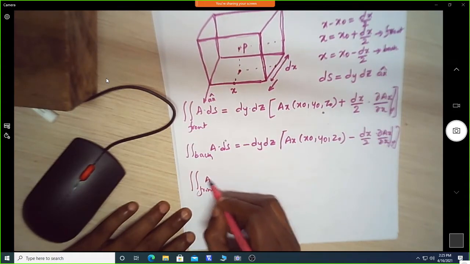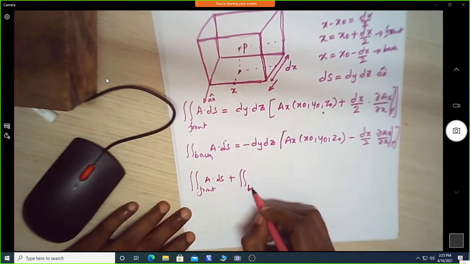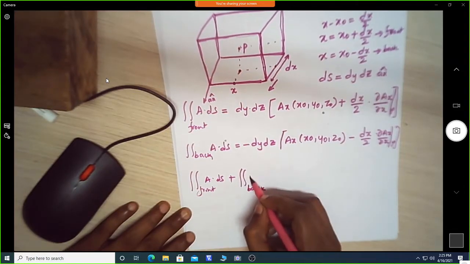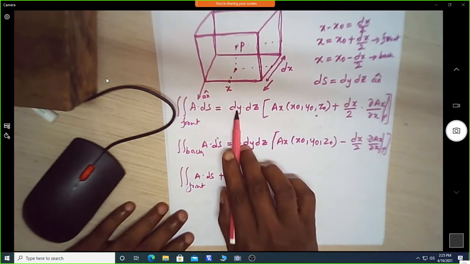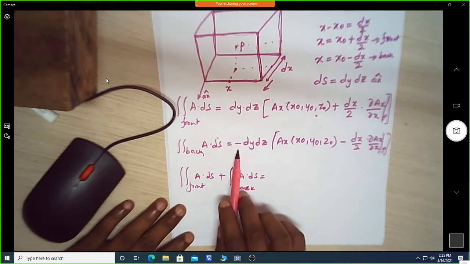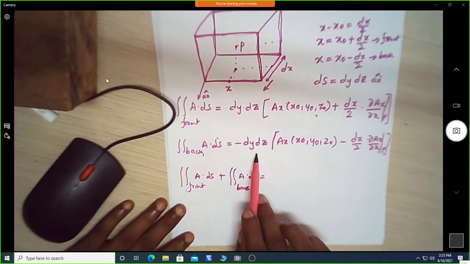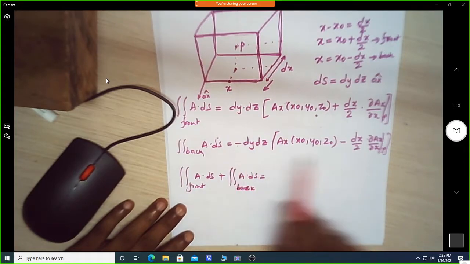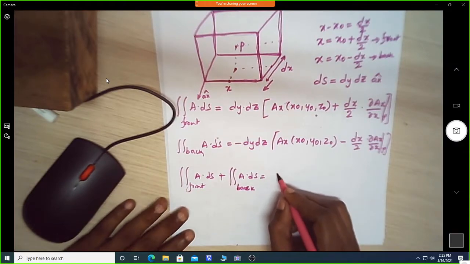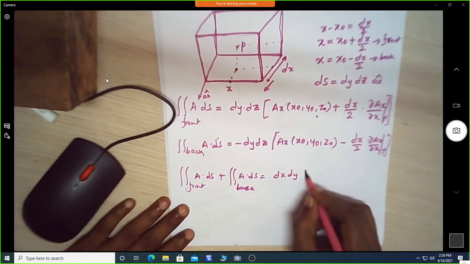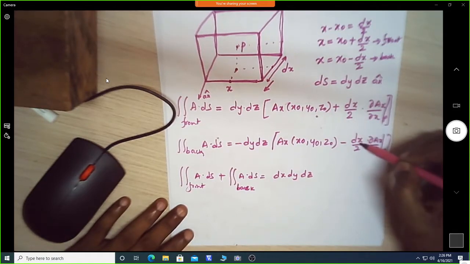So integral of A dot ds for front plus integral of A dot ds for back. What will you get? If you add these, the dy dz term with plus and the dy dz term with minus will get cancelled. Then minus and minus become plus, so you will get dx dy dz, because dx by 2 plus dx by 2 becomes dx, along with dy and dz.